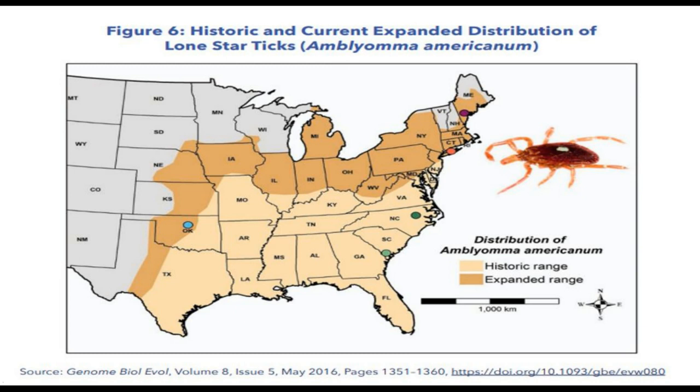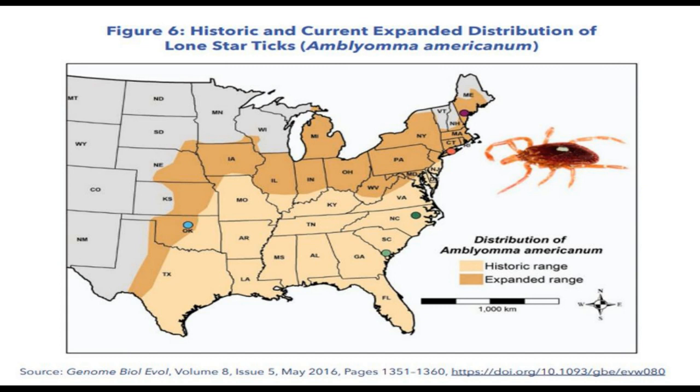So this map shows the historic, in the light color at the bottom of the country, the southern states, southeast part of Texas all the way to Florida and up into most of the southern states. Up until 10 years ago, that was the geographic area where the Lone Star tick occurred, and the darker brown are where the Lone Star tick has migrated to over the past decade.